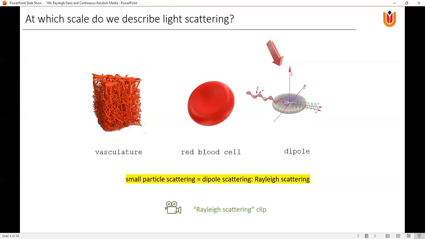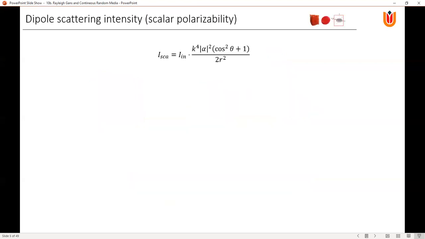I have put a small clip on the canvas, not a small clip, so that's a huge clip actually, that theoretically derives this. If you're interested, you can take it. Not necessarily part of the course. I do want to show you the results, of course, the outcome of that.